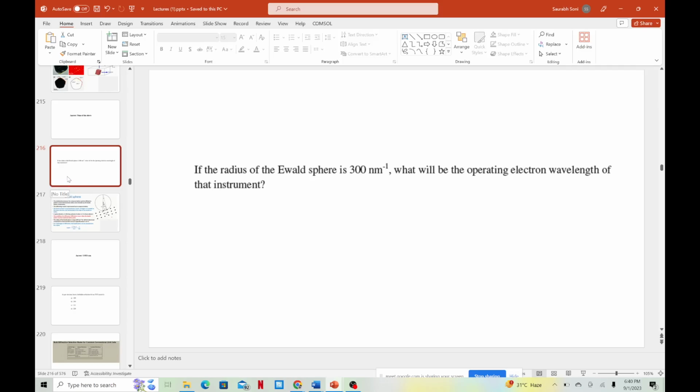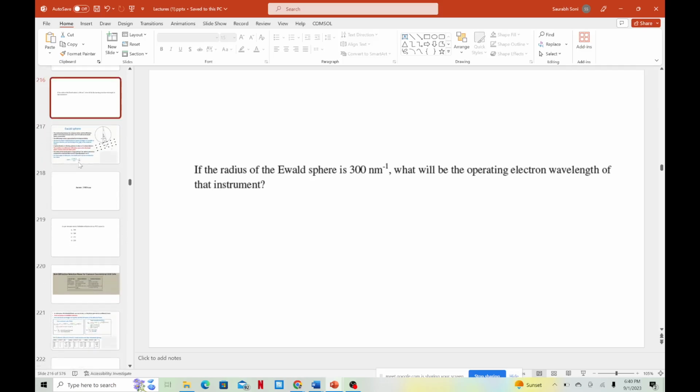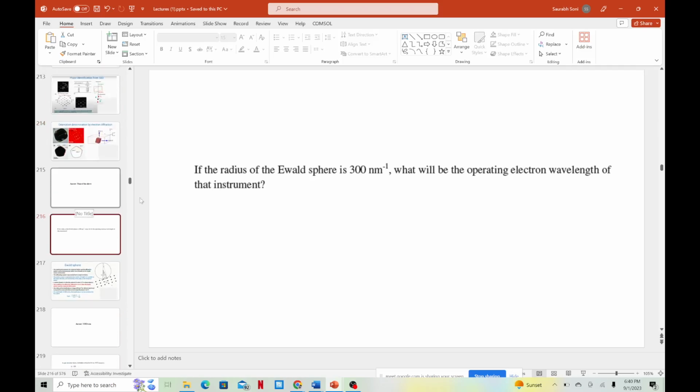Yeah, so let's do some numerical problem. Some people asked, and it could be in your assignment. It is simple, not very hard. This is a very good example, and it could be asked in any of your examinations because it is regarding the Ewald sphere.